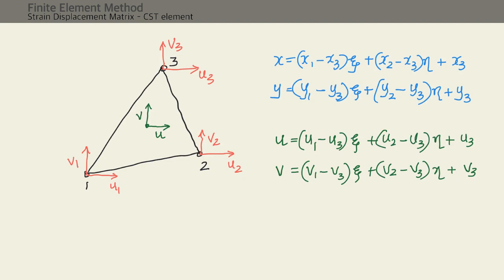So we can use these expressions to calculate the value of u and v at any inside point. What we have to substitute is, at the point we have to substitute the value of psi and eta, and also the nodal displacement values u1, u2 and u3. And if we want to calculate v, we have to substitute the values of v1, v2 and v3.